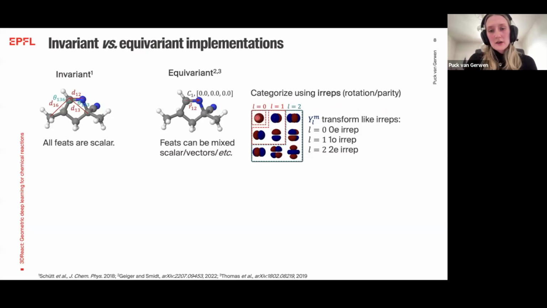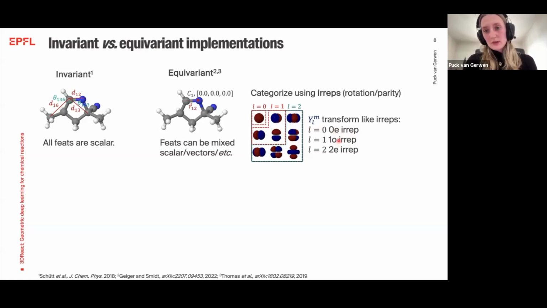And here, for example, the L equals 0 spherical harmonics, they're spherical, and so they are our first order, and they're also even under inversion. So this is what is labeled with this 0e. And then the L equals 1 spherical harmonics, these now have 3 degrees of freedom, and they are also odd under inversions.